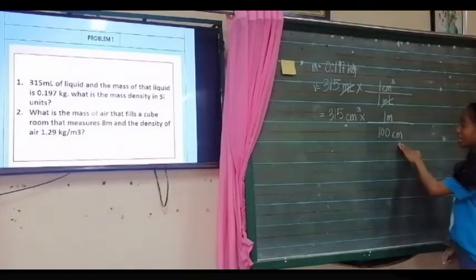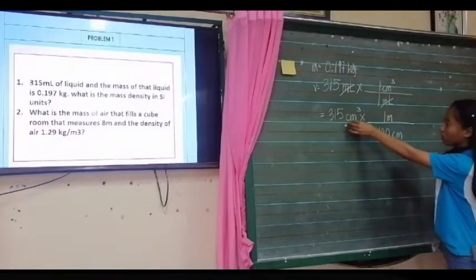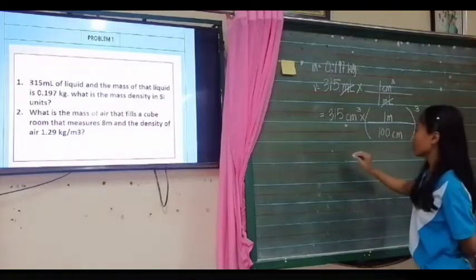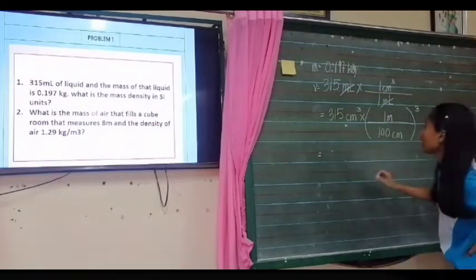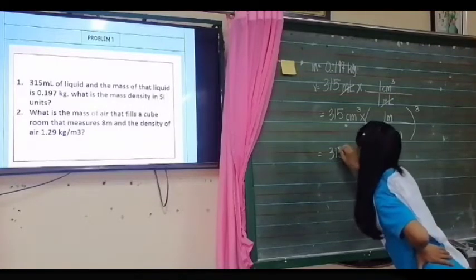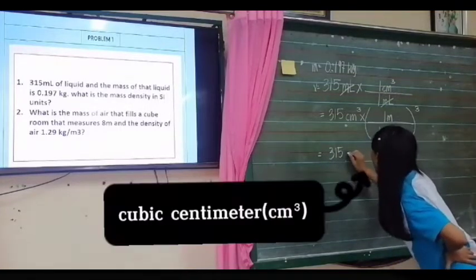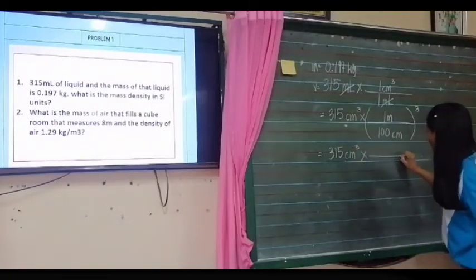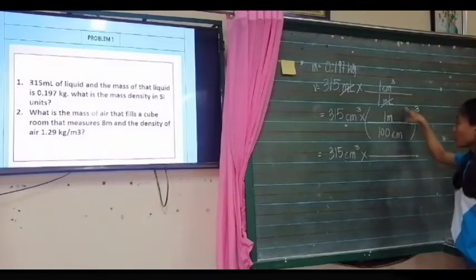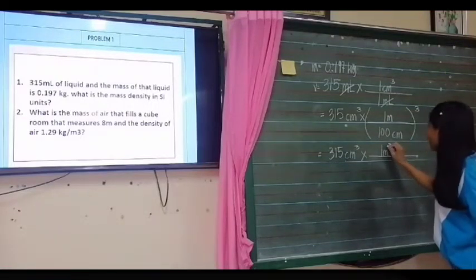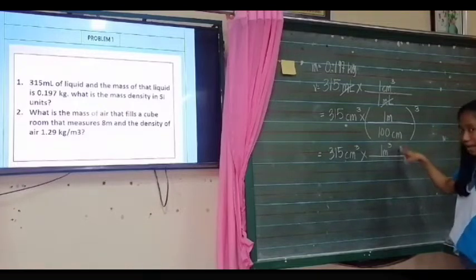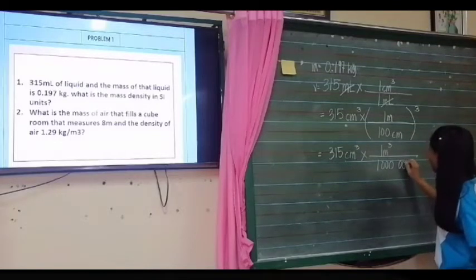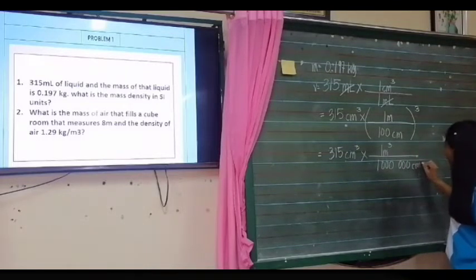Hindi na natin nakakancel ang cm sa cubic centimeter, so kailangan maglagay ulit tayo ng cubic sa parenthesis. 315 cubic centimeter times 1 meter cube over 100 cm times 100 cm times 100 cm, which is equal to 1 million cubic centimeters.